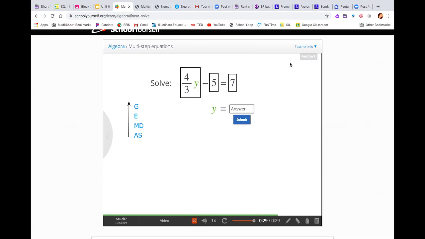So after I boxed my terms, I saw that it reminded me that this is times. So I put it out there for times. So I'm adding 5 to both sides.